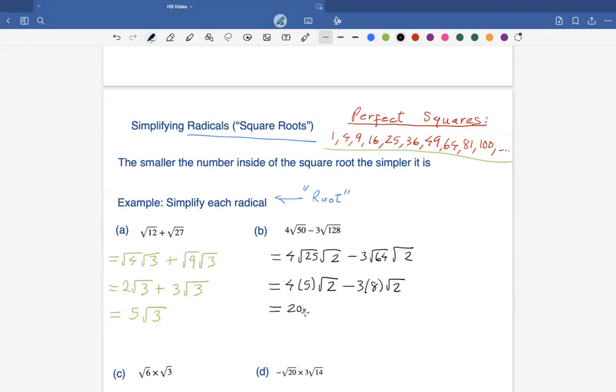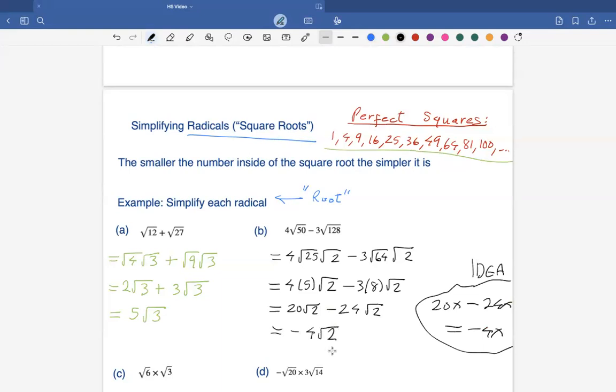Now I have 20 square root 2 minus 24 square root 2. Okay, if I had like 20x minus 24x, imagine that. You would hopefully tell me that's negative 4x. That's the idea I want to use here. 20 square root 2 minus 24 square root 2 is going to be negative 4 square root 2.